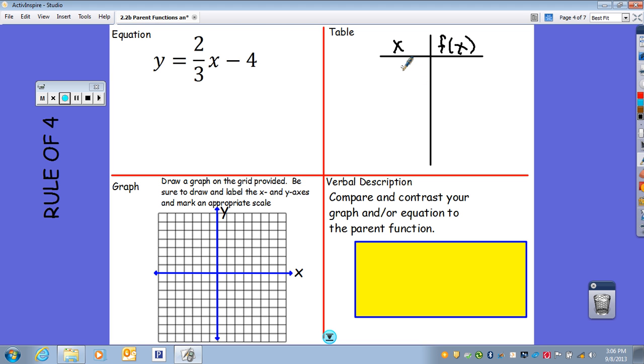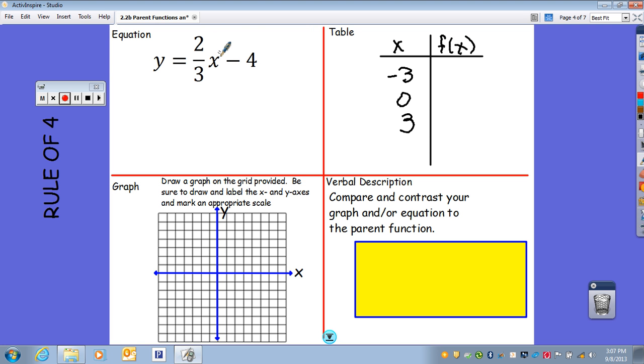Let's say we put in the values of -3, 0, and +3. The reason I picked those values is because when I multiply my slope, since it is a fraction, times a number that is a multiple of the denominator, that will get rid of my fraction and I don't have to graph fractions.